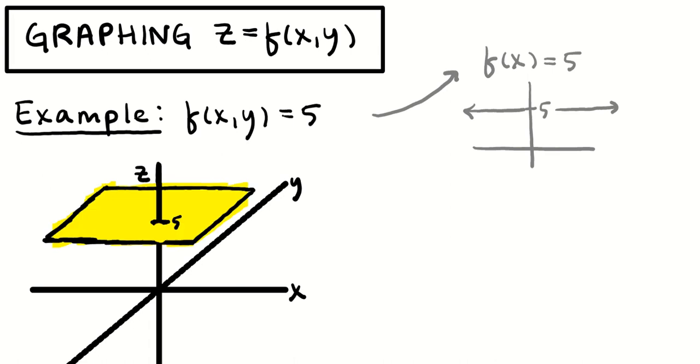You see how I colored on top of it in yellow to get rid of part of the z-axis to give you a little bit of perspective. And then you get yourself, okay, it's a plane, it's going to extend infinitely, but if you want to draw a nice picture of it, you're going to want to just draw part of it. And that would be a graph of f of x and y equals 5.